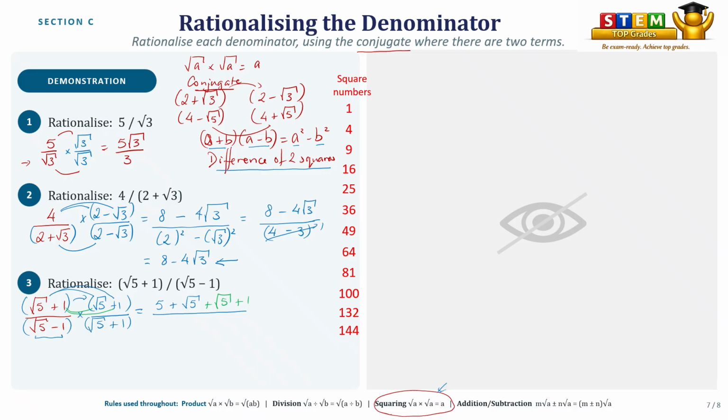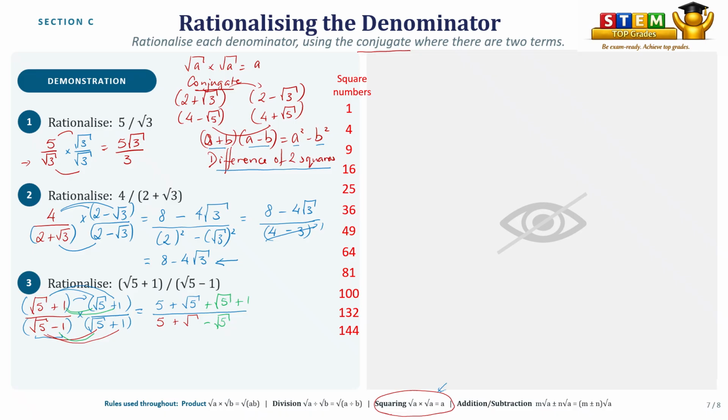Let's look at the bottom part now. The first multiplication is root 5 times root 5, and that gives me simply 5. Root 5 times 1 gives plus root 5. And the next multiplication is negative 1 times root 5, negative root 5.